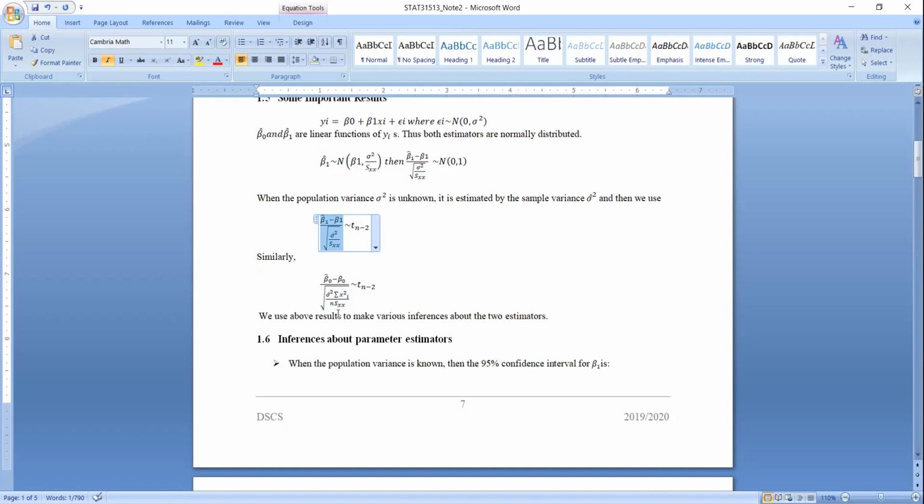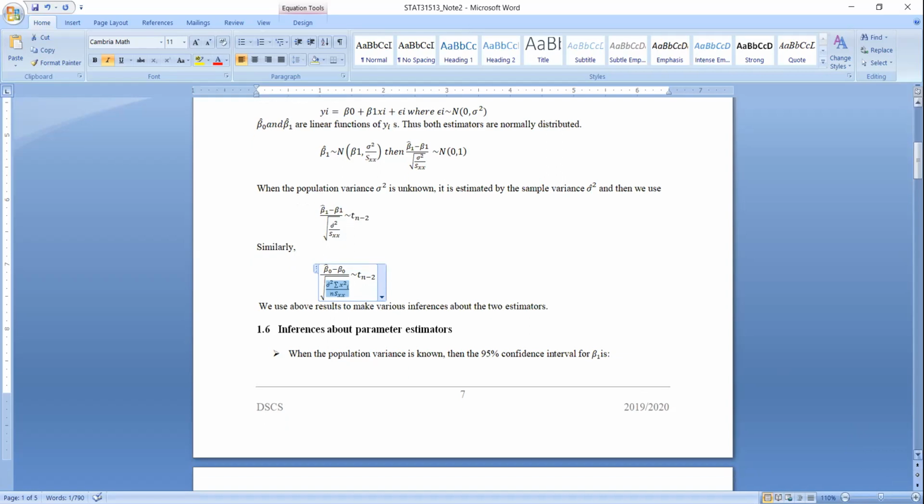Here the standard deviation is sigma squared hat summation xi squared divided by nSXX, right? So the standard deviation is different because when you take the model and find the variance, it would be different for beta naught and beta 1, right? Anyway, now we can use these two test statistics to make inferences about our fitted model.